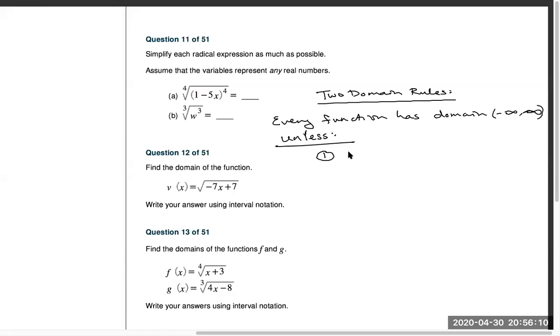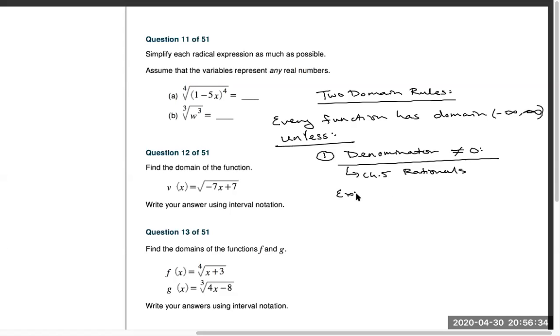one of the 2 rules apply or these rules apply together. One is that your denominator cannot be equal to 0. Okay, so the values that make your denominator equal to 0 will not be in your domain. This was chapter 5 mostly, when you had rational equations and expressions.